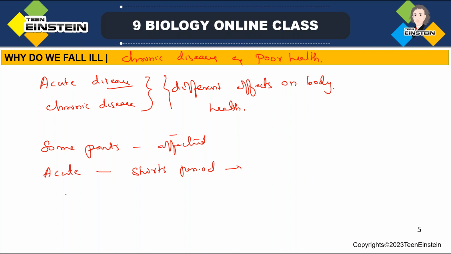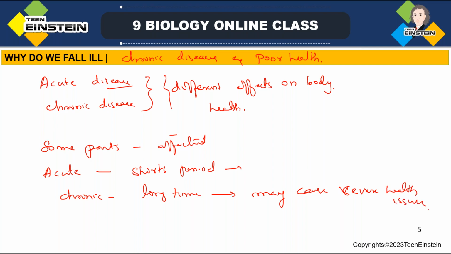But in the case of a chronic disease, it lasts for a long time, and it gets more time to cause several severe health issues. There's a chance. So an acute disease, which is over very soon, will not have time to cause major effects on general health, while a chronic disease will cause severe health issues.